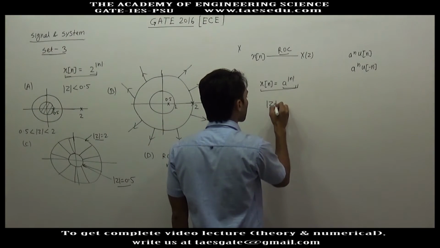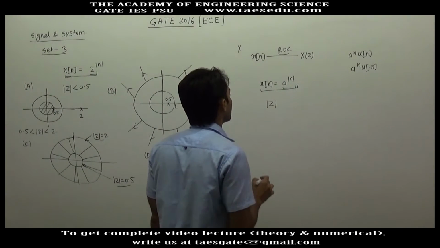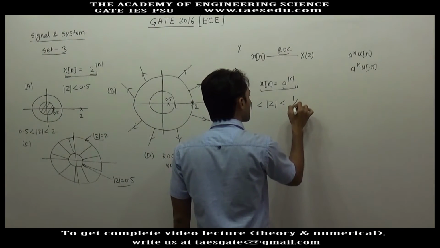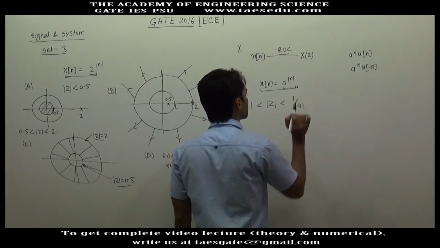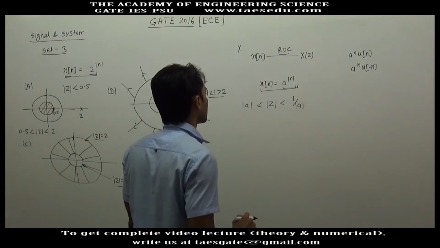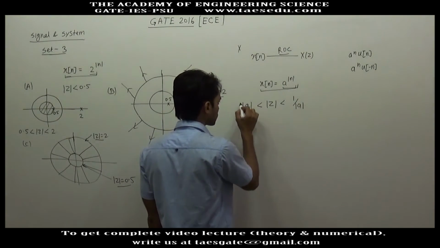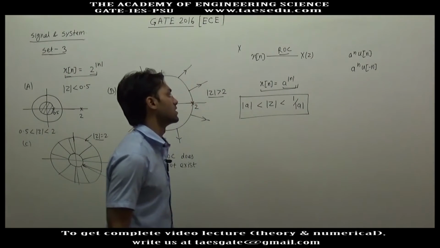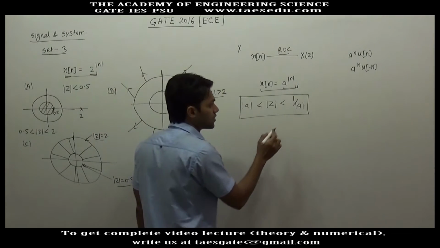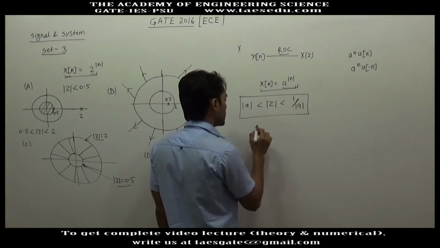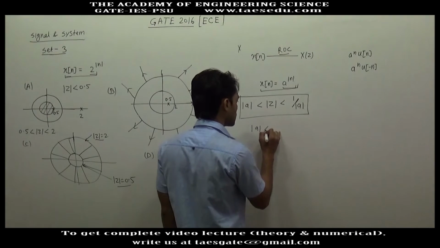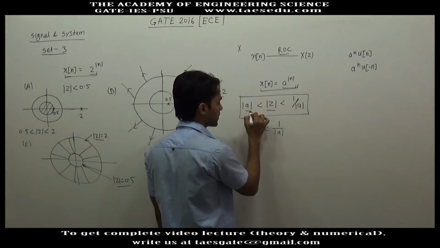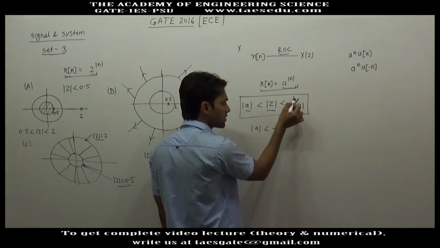For this type of signal, the region of convergence is mod z has to be greater than mod a and less than 1 upon mod a, okay, and for this condition to be valid, mod a must be less than 1 upon mod a, because mod z is greater than mod a and mod z is less than 1 upon mod a.